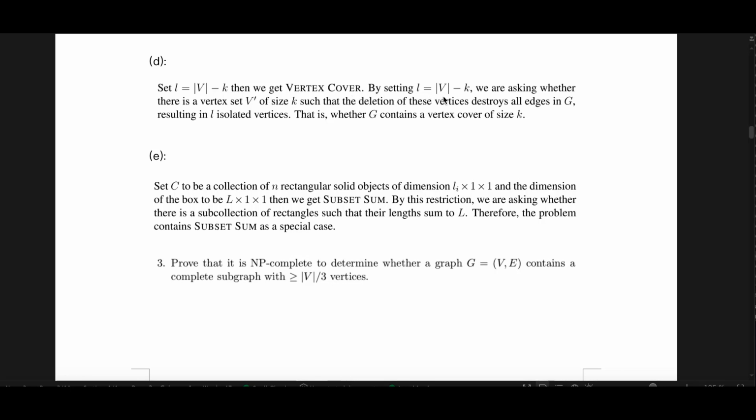By setting L equals to the number of V minus K, we are asking whether there is a vertex set V+ of size K, such that the deletion of these vertices destroys all the edges in G, resulting in L isolated vertices. That is, whether G contains a vertex cover of size K.